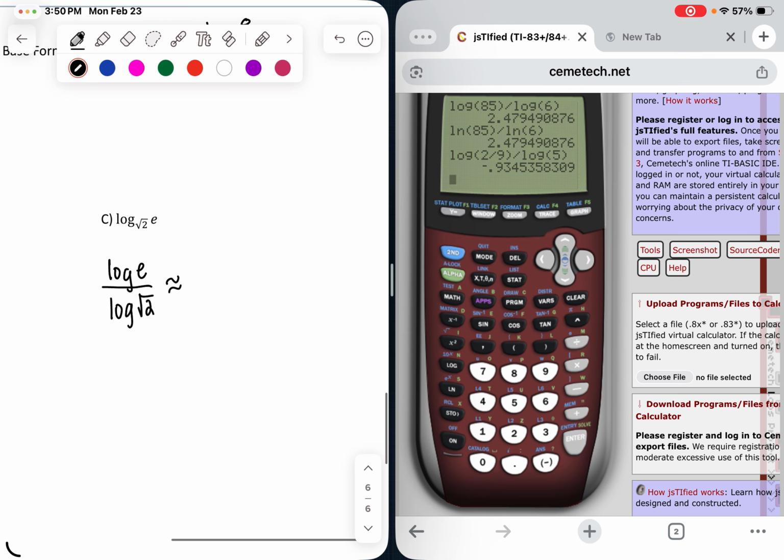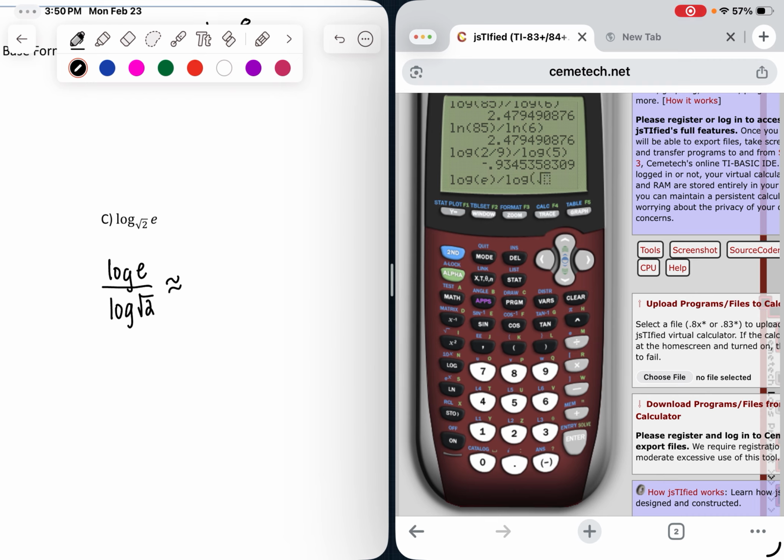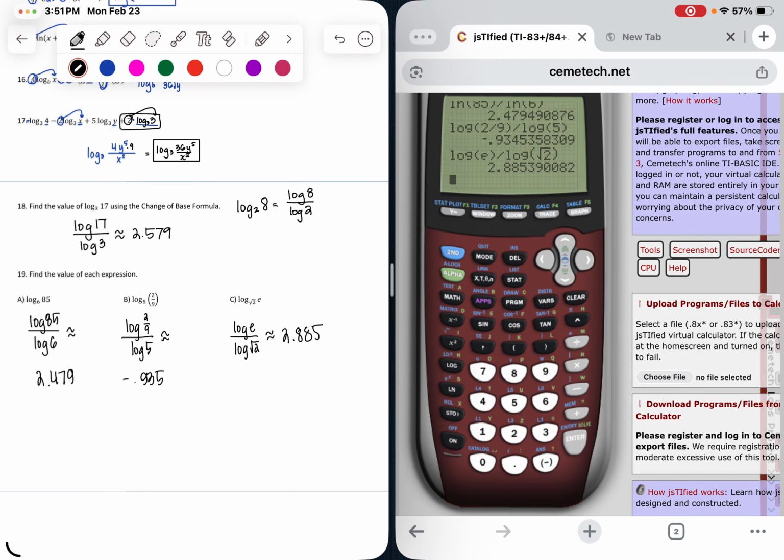And then last one, common log of e divided by common log of square root of 2, and we get 2.885. Okay, that's it for today.